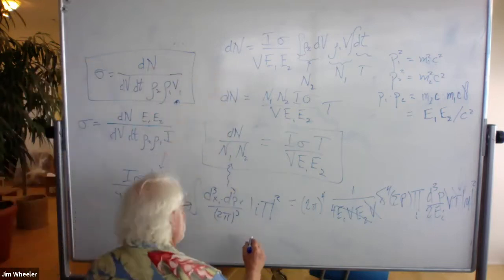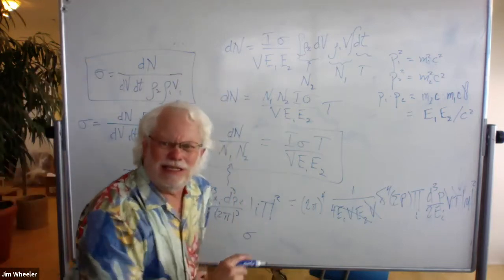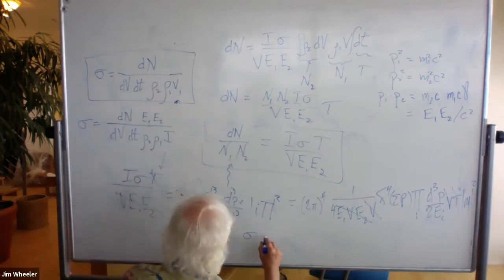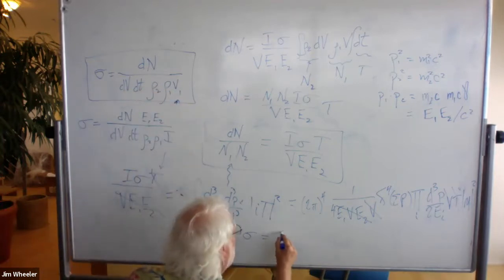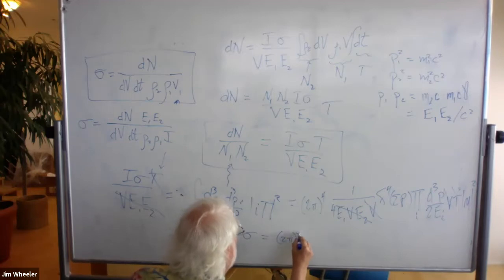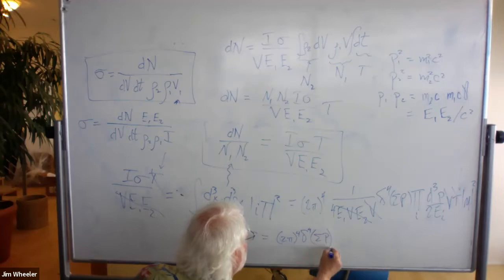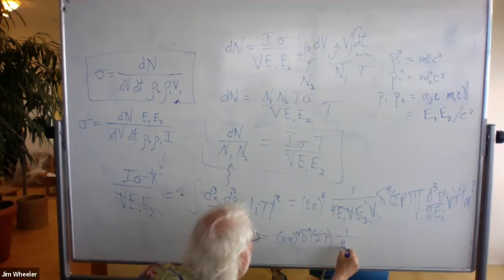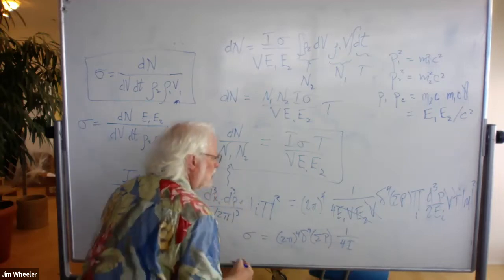What we have is, can you see where I'm writing it? Yeah, sigma is going to be 2 pi to the 4th, delta 4 of conservation of momentum. We're going to have 1 over 4i. That's called the flux factor.